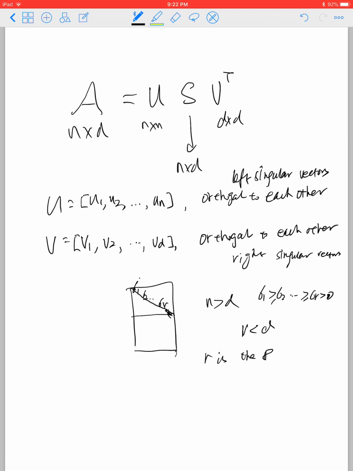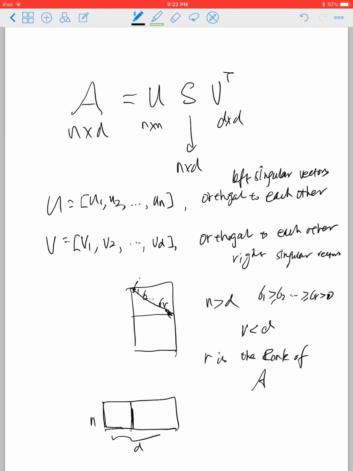Then we can look at the layout of S. As we just mentioned, S contains the singular values. S is a diagonal matrix, but when n is not equal to d, what does this diagonal matrix mean? If n is bigger than d, S will look like this, and then we can pick the top d rows to form a d by d submatrix, and all the singular values will stay on the diagonal of this sub d by d matrix.